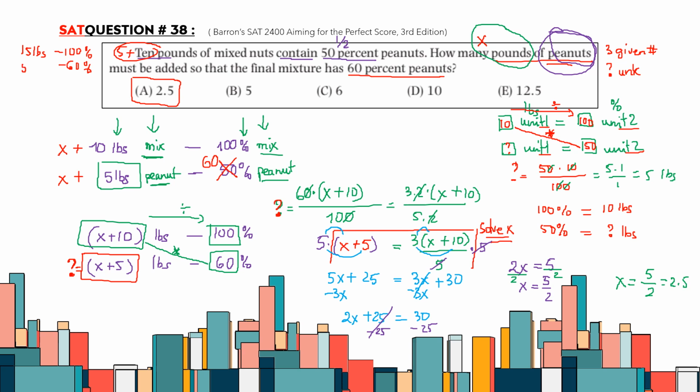So I have to check 60 times 15 divided by 100, crossing out. 10 is 5 and 2, 15 is 3 and 5, 6 is 3 and 2. So I have 3 times 3, which is 9. But 5 plus 5 is 10, not 9. So you see that it cannot be B.